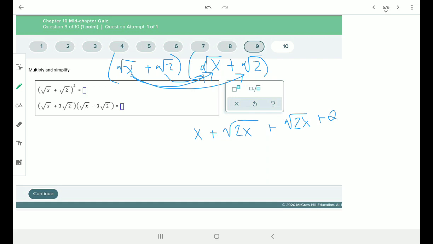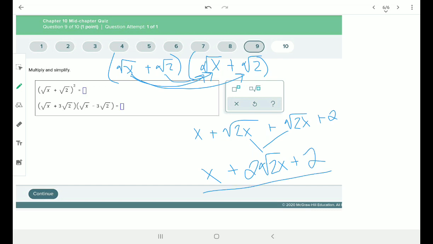So now we have x plus the square root of 2x plus the square root of 2x plus 2, but we can combine these two to 2 root 2x, and we leave everything else the same, right? So that's the first part.